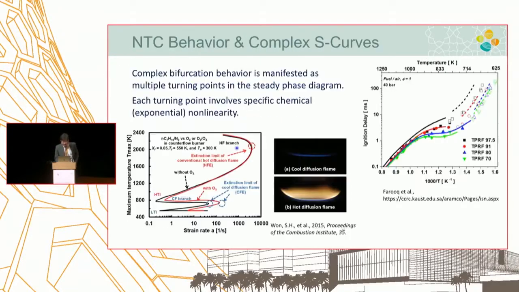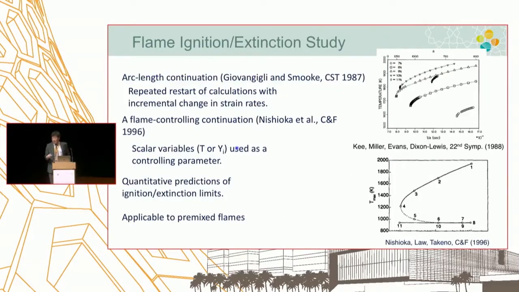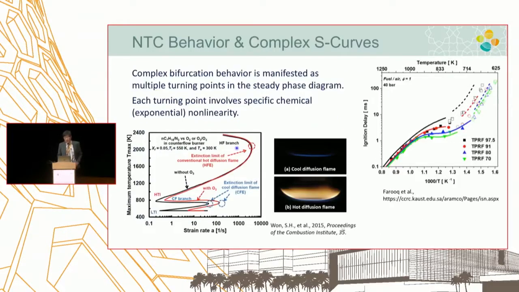I'm going to speed up a little bit. So this is NTC behavior showing. This was in response to the earlier question about how this S-curve manifests in a complex reactive system. Here is one example. Everybody knows pretty much about this NTC chemistry.